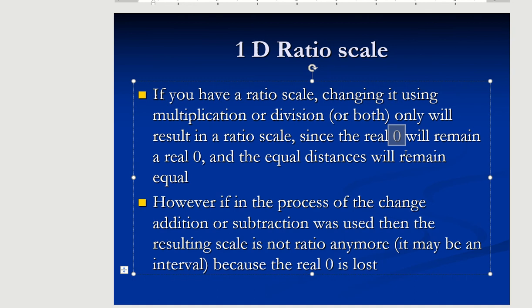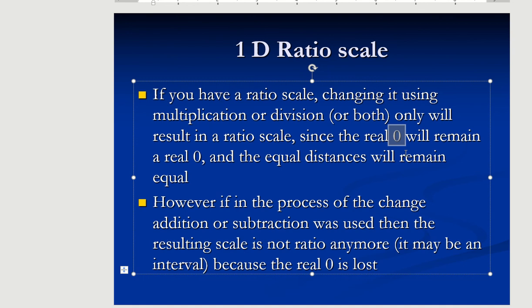I'm sorry, it's not by multiplying by 1.6, by dividing by 1.6. And therefore, 1.6 kilometer will give me 1 mile. So kilometer, which is a ratio, has been transformed through division into miles. Miles is also a ratio.